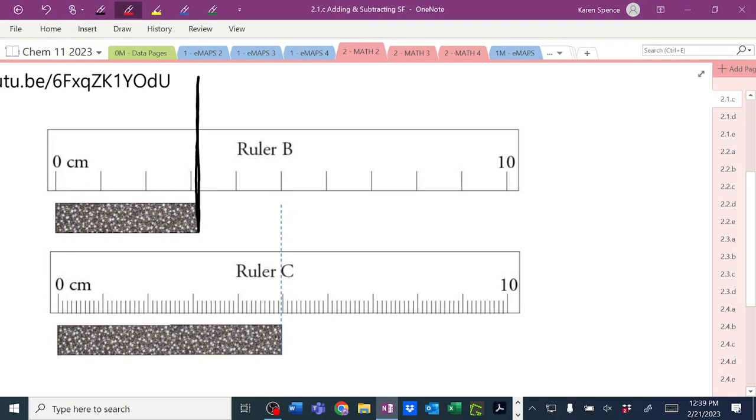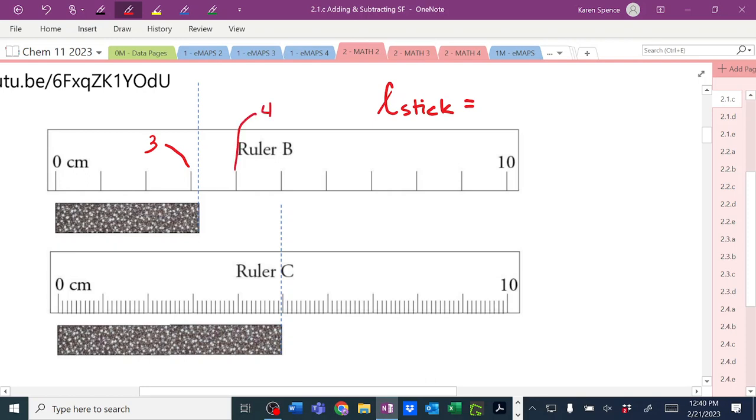Remember, you need 3 things. What are the 3 things you need? You need what you are measuring, so that would be the length of the stick, equals, and then we need 1 uncertain digit. This is 3 here, this is 4.